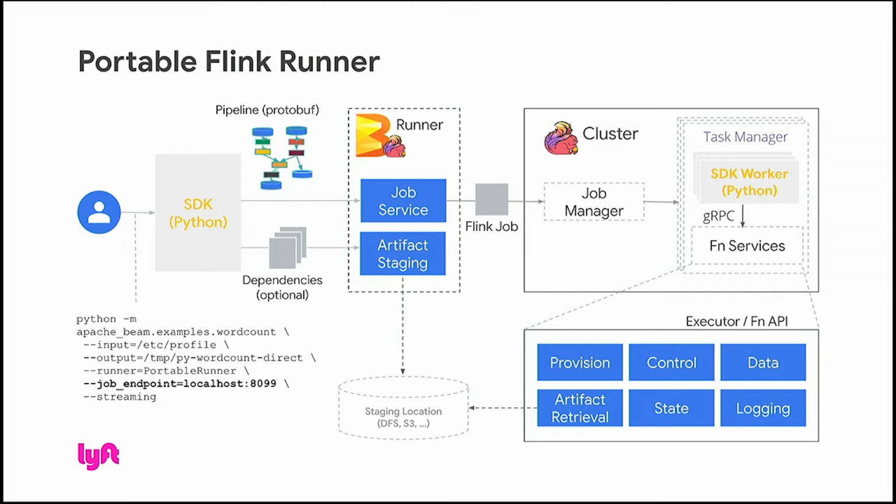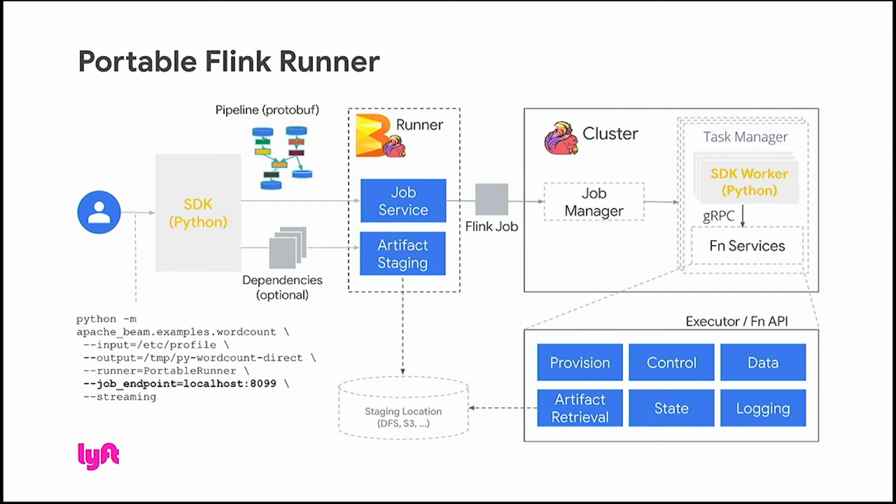And that job service is hosted in a Flink runner. The job of the Flink runner is to take the proto and translate it into a Flink job graph using the Flink API. The Flink runner supports batch and streaming. Flink has different APIs for batch and streaming currently, so there are different translations, but at the end, it's a Flink job graph that gets submitted to a Flink cluster.